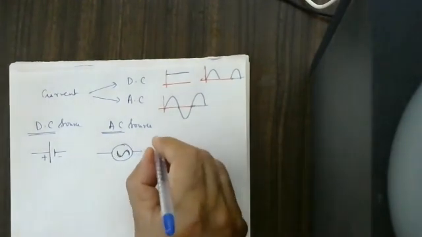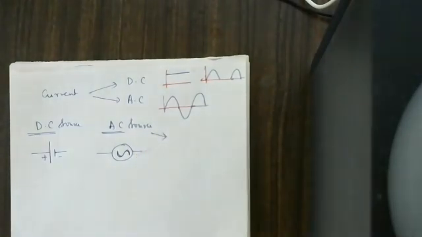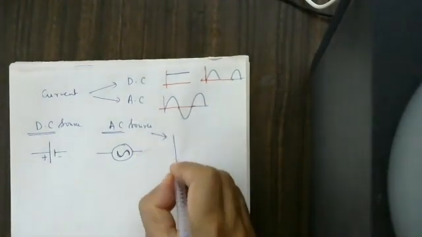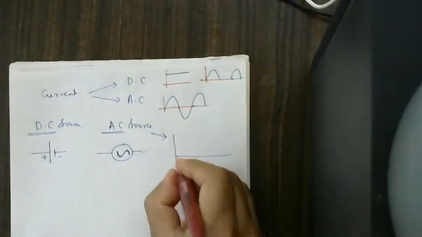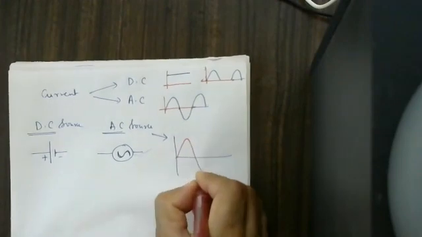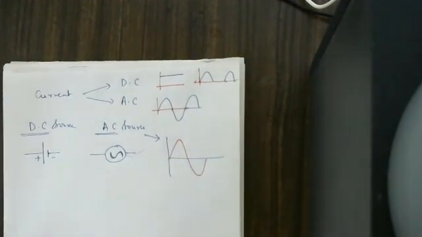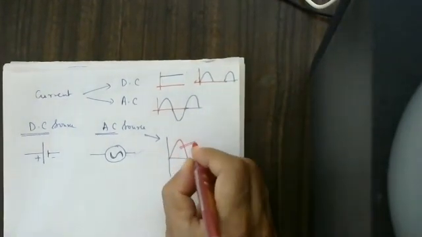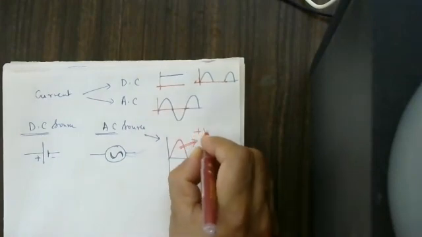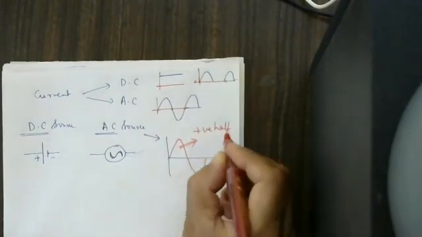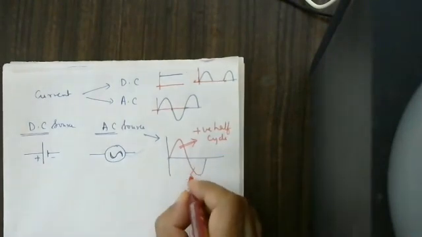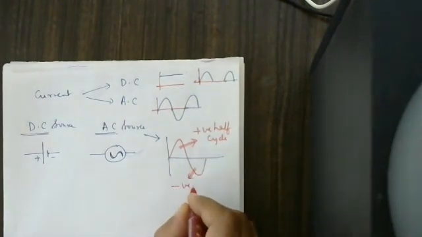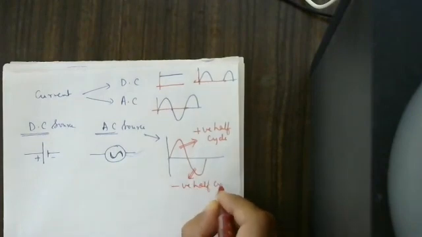In the case of alternating current, if I draw a graph like this, this is called the positive half cycle of AC, and this is called the negative half cycle of AC.